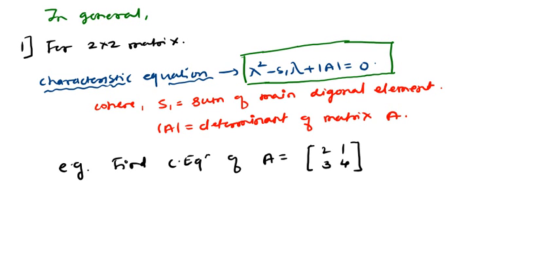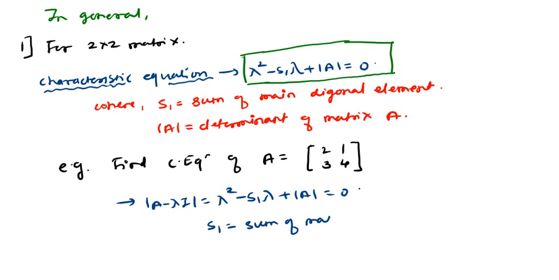From the equation, its characteristic equation, determinant of A minus lambda I, will be lambda square minus s1 lambda plus determinant of A equal to 0, where s1 is the sum of main diagonal elements. The main diagonal elements are 2 and 4, so 2 plus 4 is 6. The value of s1 will be 6.